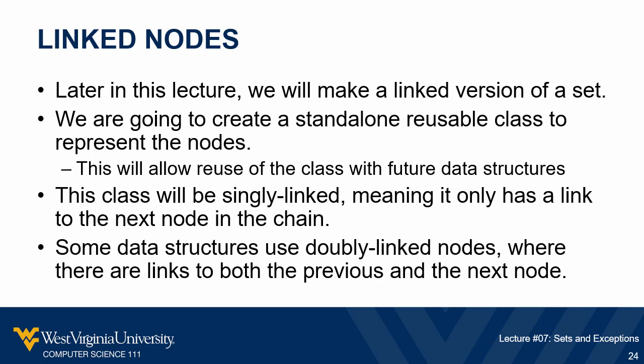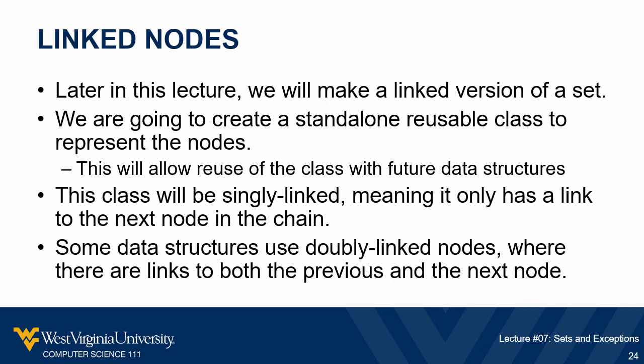When we did our linked bag implementation, we nested our node class inside the linked bag. And that made sense there because the node itself is really there to just support the internal operation of the bag. We're never actually exposing the nodes themselves to anybody outside of the bag's methods.